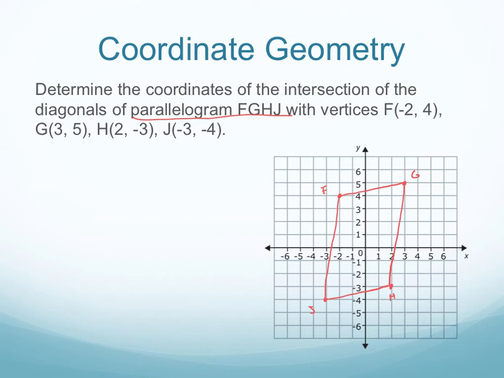And the question is asking me to determine the coordinates of the intersection of the diagonals. Okay, so I need the intersection of the diagonals. So I'm going to think about all my diagonal facts. And currently, the only diagonal fact I have is that the diagonals bisect each other.